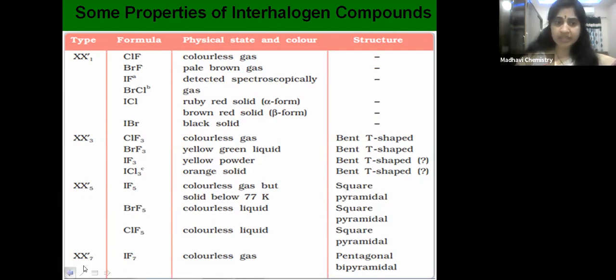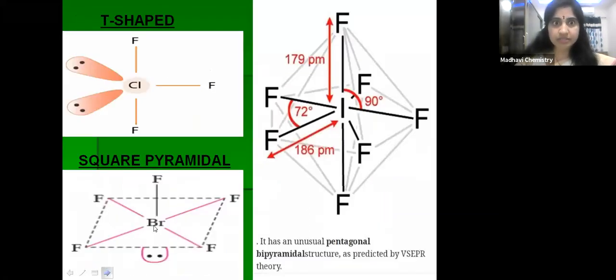Next, XX'7 type, an example is IF7. It is a colorless gas with a pentagonal bipyramidal structure. See children, XX'3 types have a T-shaped structure because they have two lone pairs of electrons; ClF3 is an example.